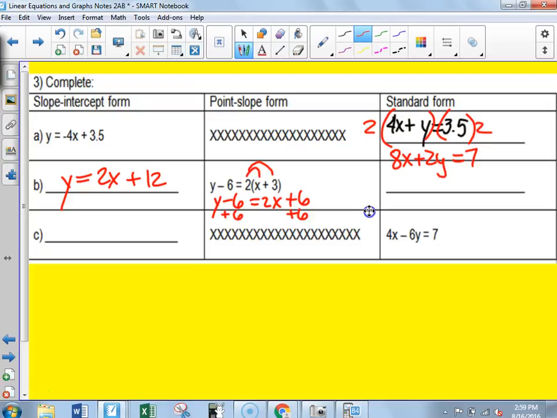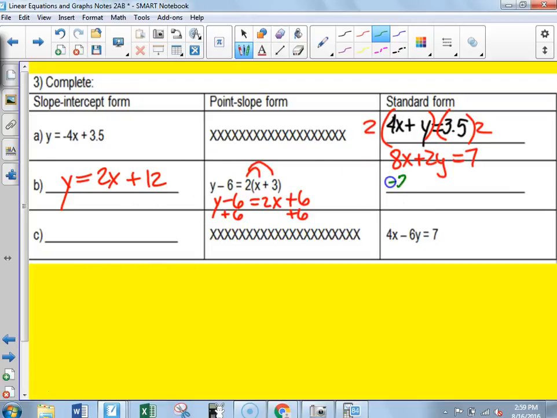All right, what about standard form? Yep. When you start rearranging, you're changing signs, right?